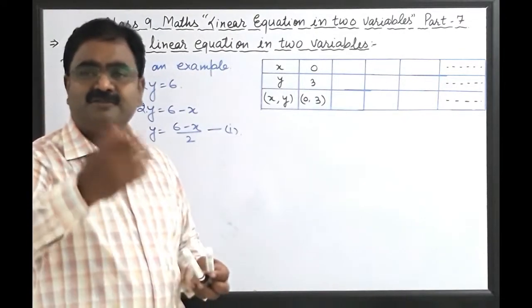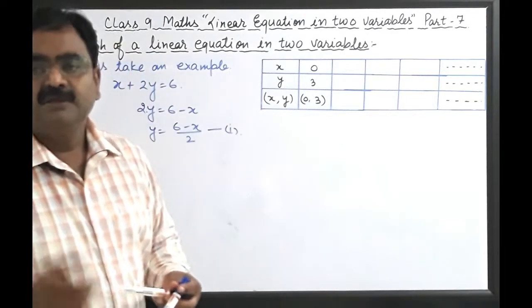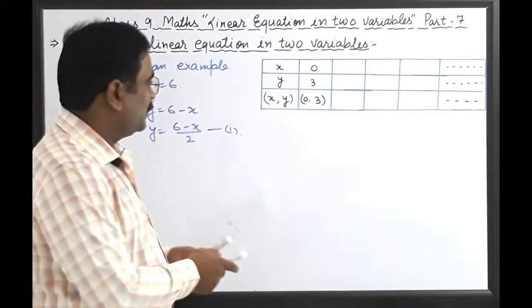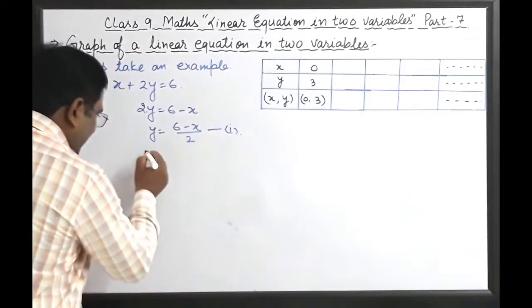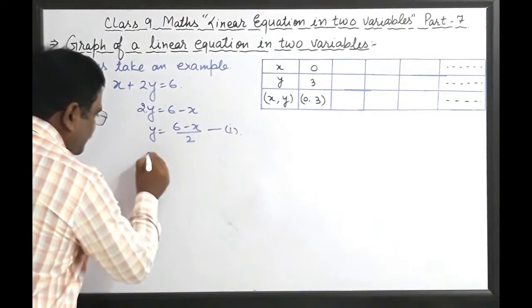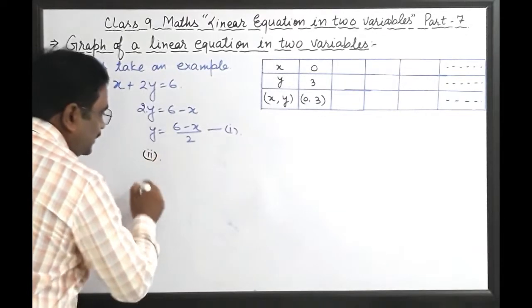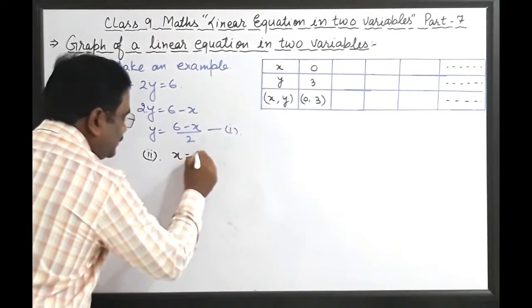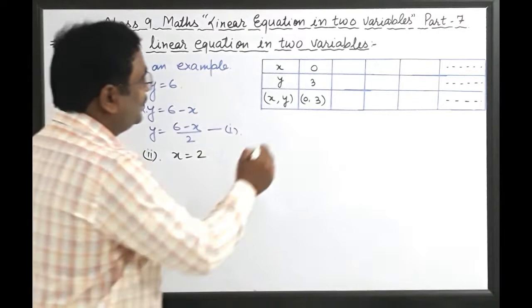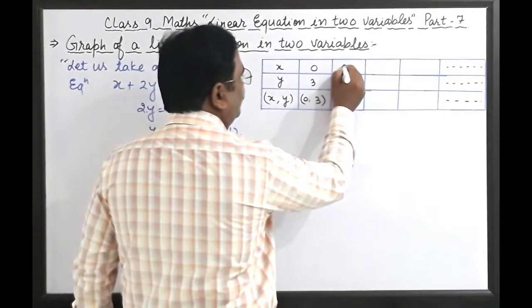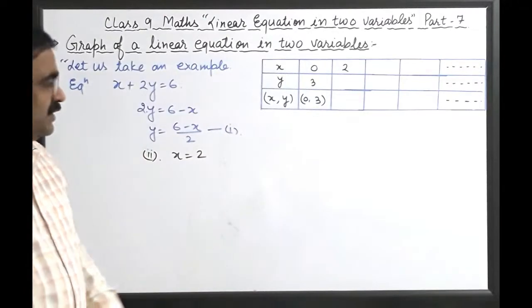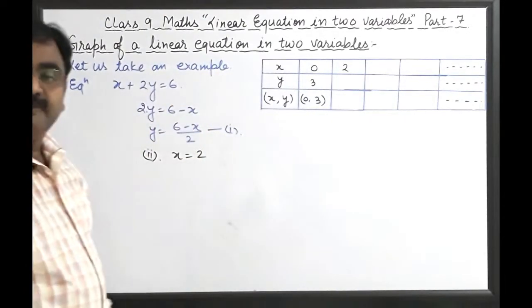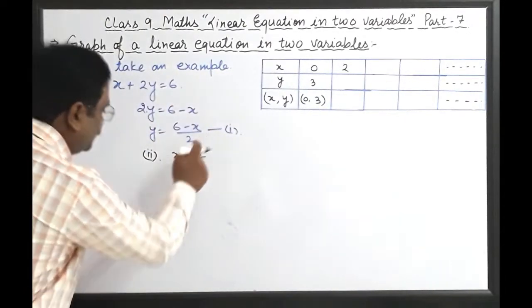और फॉर द सेकेंड सॉल्यूशन सिमिलरली यू कैन टेक द x वैल्यूज, एनी ऑफ द वैल्यूज एज यू कैन सपोज. चलो x की वैल्यू हम इन द सेकेंड सॉल्यूशन, द वैल्यू ऑफ x वी आर टेकिंग 2. ओके, सो हियर वी हैव सब्स्टिट्यूटेड द वैल्यू ऑफ x इज 2. x की वैल्यू 2 हमने दिया. नाउ वी हैव टू गेट द करस्पॉन्डिंग वैल्यू ऑफ y with the help of this equation.